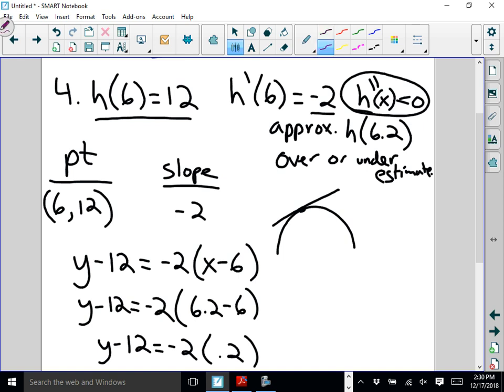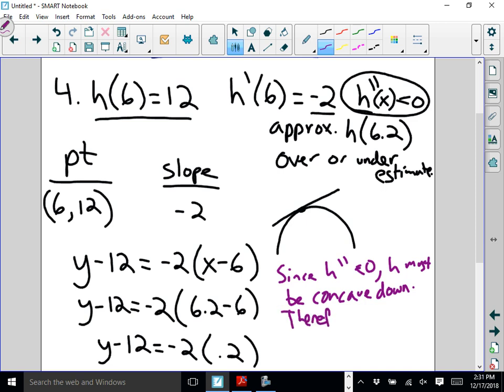I need to state why I know this thing is concave down. So I'm going to say since h double prime is less than 0, h must be concave down. Therefore, my answer of 11.6, I'm getting 11.6 from using the tangent line.